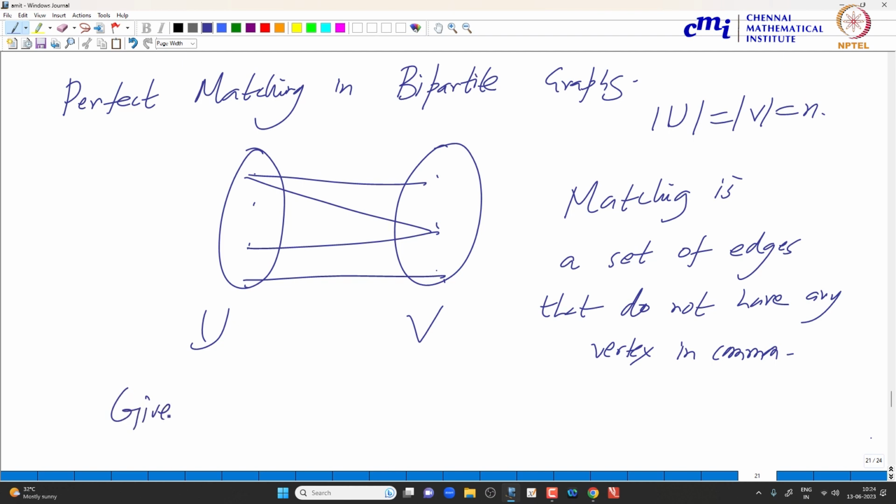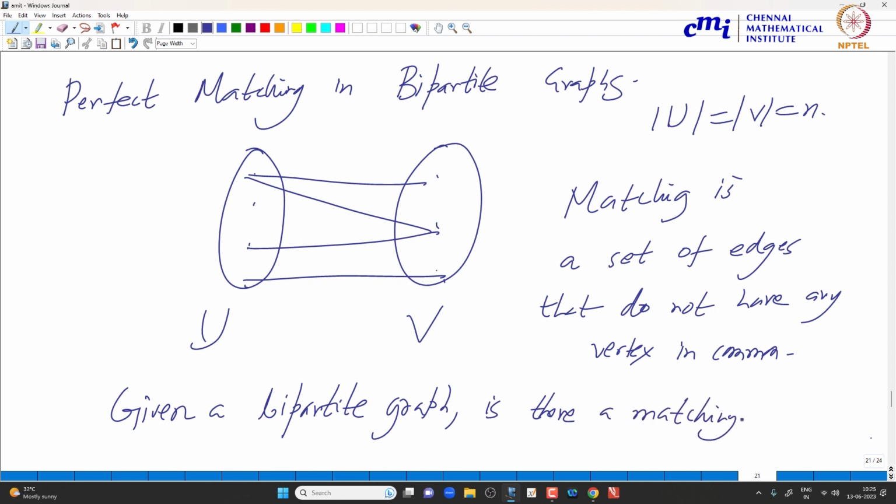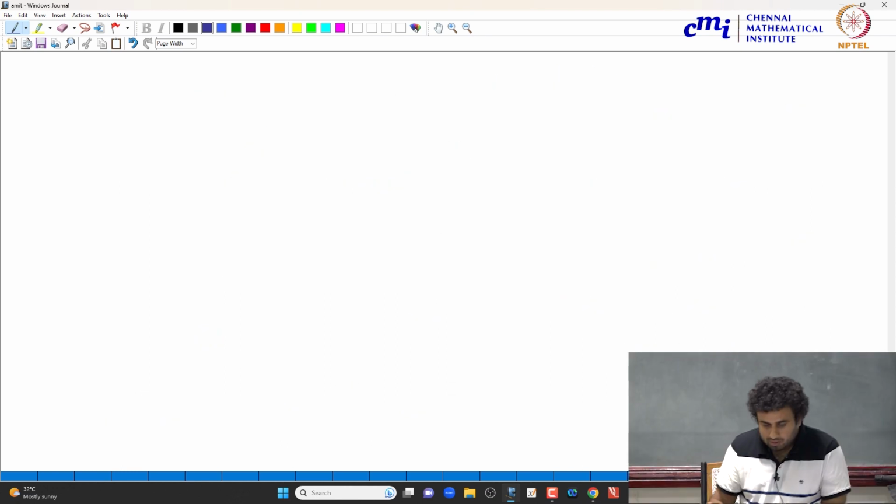Given a bipartite graph, is there a matching? Probably you know about some algorithms for finding matching. Have you seen augmenting path based algorithms?